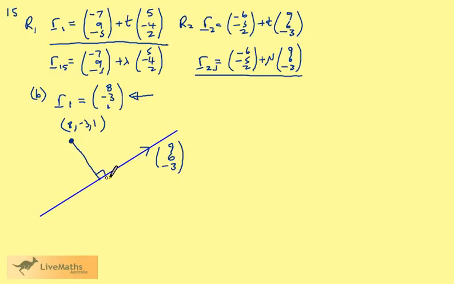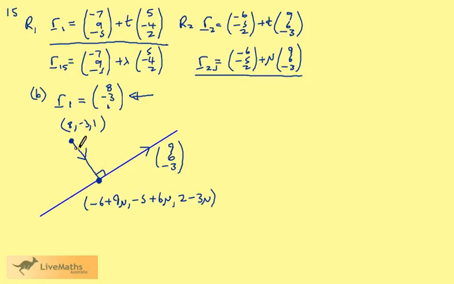We want the shortest distance, which is when this is a right angle. This point here, for some mu, has coordinates -6 plus 9 mu, -5 plus 6 mu, and 2 take away 3 mu.